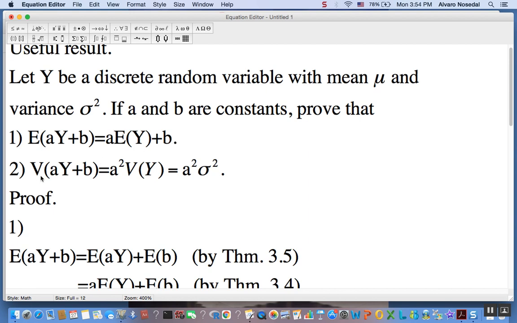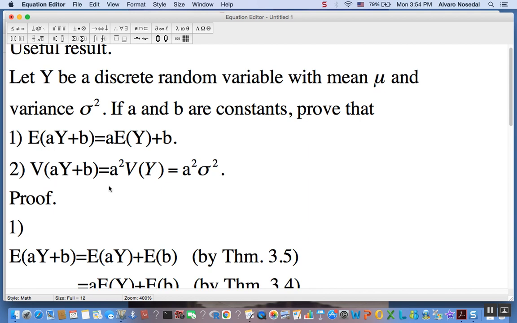Now, here, what you have to remember in this case is that the variance of a constant is 0. Okay, that's really important. Another thing that you have to bear in mind is that the variance of a constant times a random variable is not, I repeat, a times the variance of y.